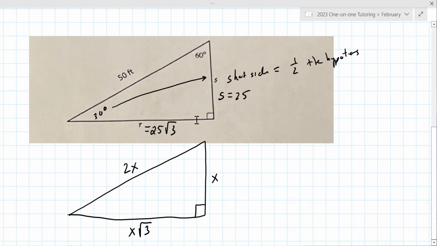It's 25 times the square root of 3. 75. No, Sourish, it's 25 times the square root of 3. This is the final answer. You cannot make any adjustments to that.